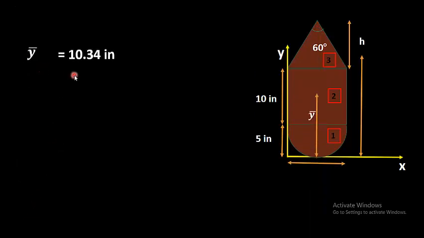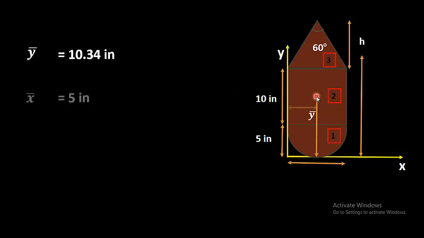Y dash tells us that 10.34 is along the y-axis. So this height is 5 inches plus 5, that is the center of this square, and a bit above, this 0.34 inches. If we go 0.34 inches above, this point is the 10.34.